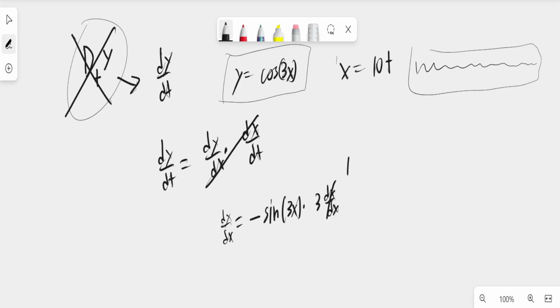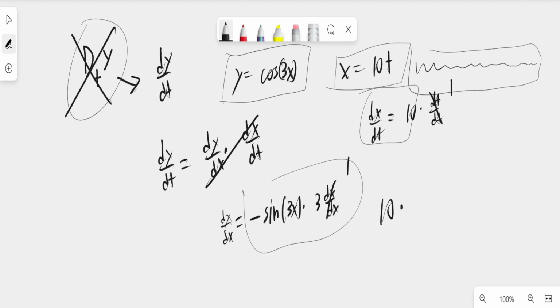Now we want dx/dt. What's dx/dt? It's 10 times dt/dt, which becomes 1, so that's 10. So it's 10 times whatever this is: 10 times negative 3 sine 3x, so negative 30 sine 3x. That's dy/dt, and that's what he wanted.